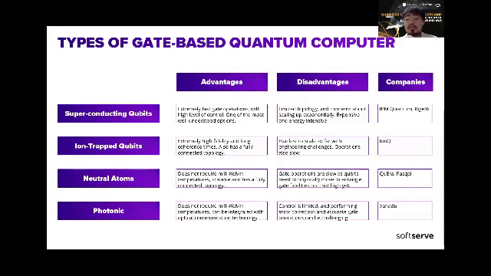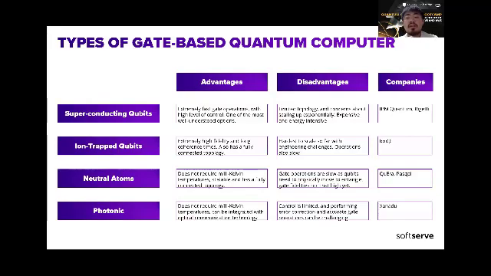Neutral atoms are where things are a bit different. The problem with it right now is that it's one of the newer forms of gate-based quantum computers that have come out, so obviously it's still a bit more immature. Gate operations are slow, as what they do is they physically move the qubits in order to entangle them.